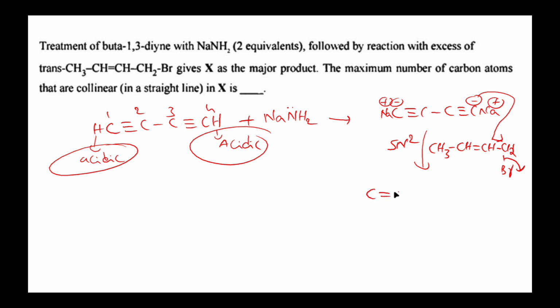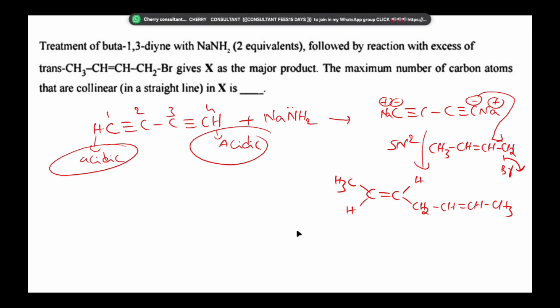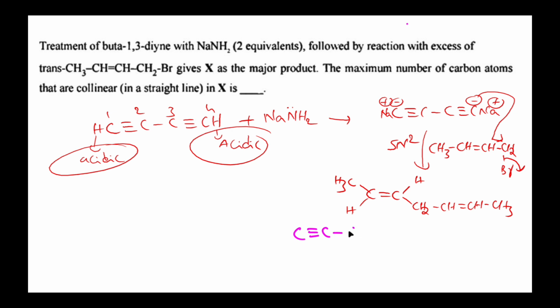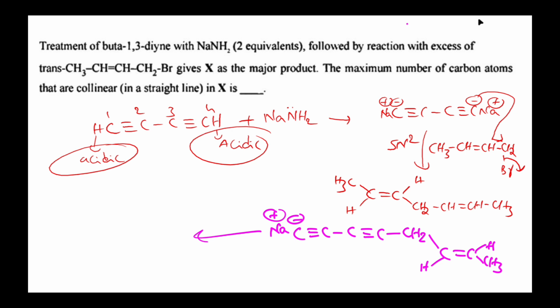We get a trans compound, CH3 CH double bond CH CH2 bonded to C triple bond C, C triple bond C. Further it is treated with one more bromo compound, CH3 CH double bond CH CH2Br.